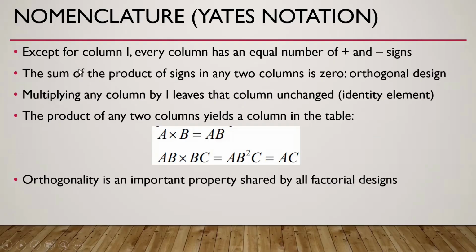In this Yates notation, except for the intercept column, every column has an equal number of plus and minus signs. The sum of the product of signs in any two columns is 0. That is an orthogonal design. Multiplying any column by the intercept column leaves that column unchanged. That is the identity element. The product of any two columns yields another column in the table. Orthogonality is an important property shared by all factorial designs.